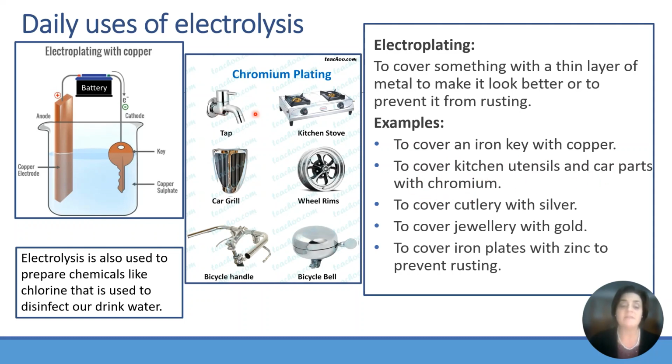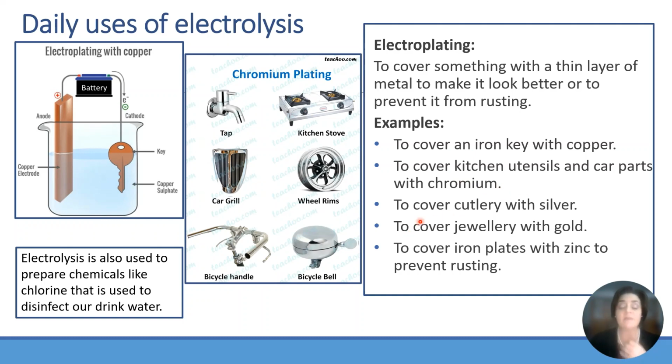You know, all these nice shiny things that you get in your kitchen, a tap, your kitchen stove, a car grill, wheel rims of a car, the bicycle handle or the bicycle bell. All those things are made of iron, but they are being covered with a layer of chromium to make them look nice. And then if they are covered with chromium, they don't rust, and that is done through electroplating.